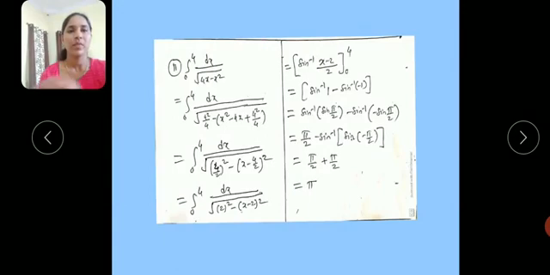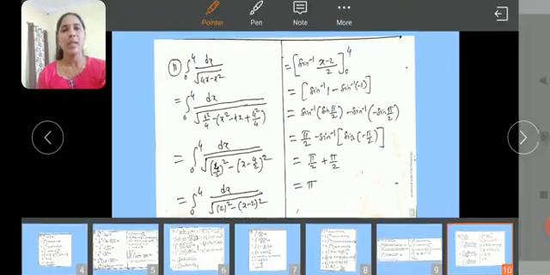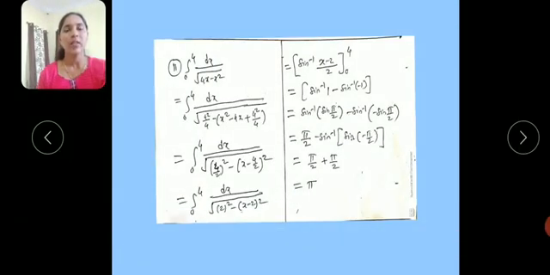Now see example number 11, integral from 0 to 4 of dx divided by square root of 4x minus x square. Here, see the second step: 0 to 4 dx divided by square root of x square divided by 4 minus x square minus 4x plus 4 square divided by 4.